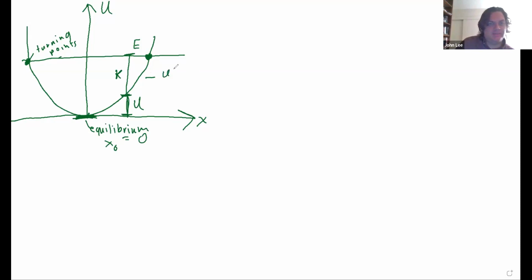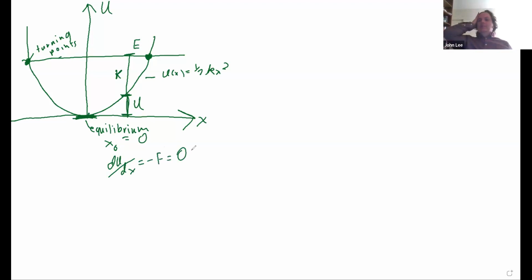And let's just define this formally. U of x equals 1/2 kx squared. So this is the equilibrium point, because dU/dx, which is negative force, is equal to 0.